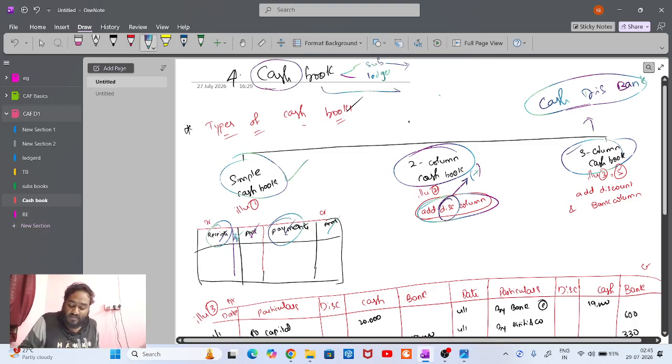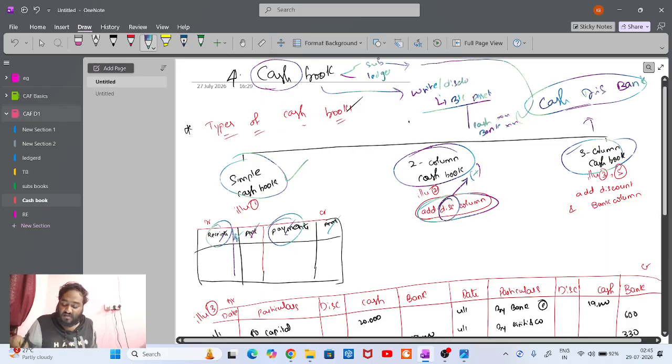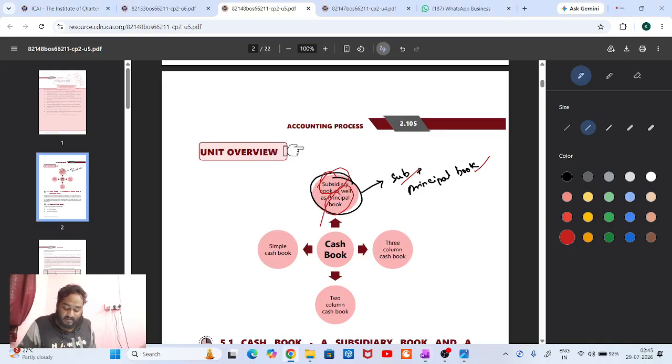Based on the cash book, we disclose the amounts in the balance sheet. Remember, in the balance sheet, cash and bank are assets on the asset side. These are the balances that come from the cash book, so it is a ledger also. So it is a mixture of ledger and subsidiary book.